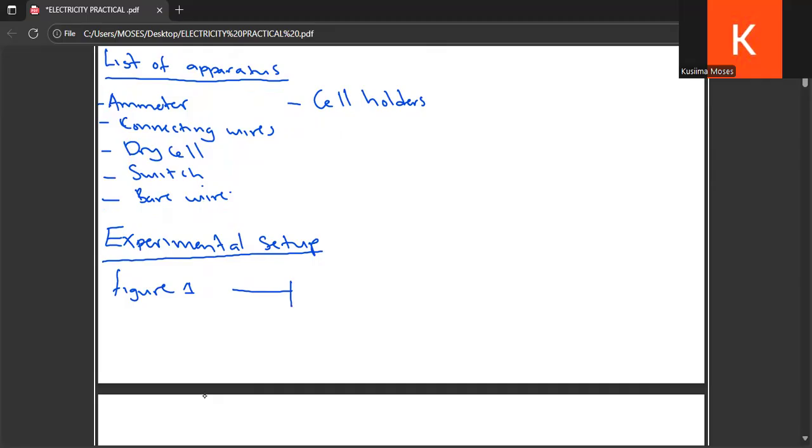We do that by using an open circuit. We shall also need the voltmeter here, because we need it to determine the EMF of a dry cell. This is going to be our figure one. Sorry, here it must be a complete circuit. So that's going to be our figure one.